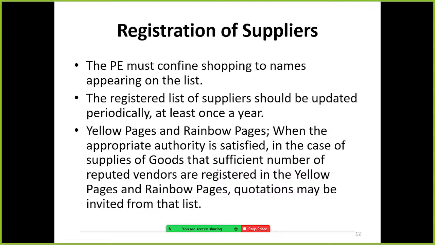Yellow pages and rainbow pages. SLT, Sri Lanka Telecom, publishes yellow pages and rainbow pages, where you can find suppliers and service providers. So when the appropriate authority is satisfied, in case of suppliers of goods, that a sufficient number of reputed vendors are registered in the yellow pages and rainbow pages, quotations may be invited from that list. So the public sector institution has two options.